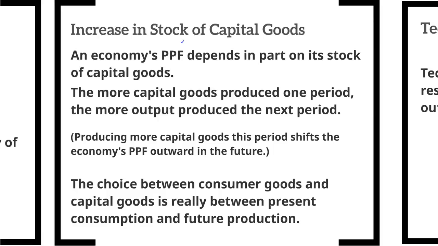An economy's PPF depends in part on its stock of capital goods. The more capital goods produced in one period, the more output produced the next period. So producing more capital goods this period shifts the economy's PPF outward in the future. The choice between consumer goods and capital goods is really between the present consumption and future production.